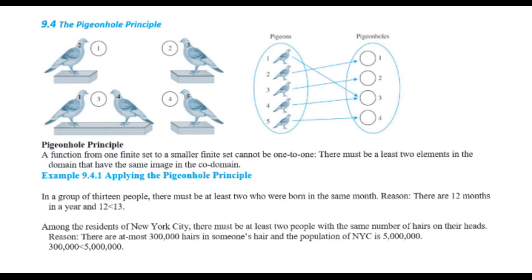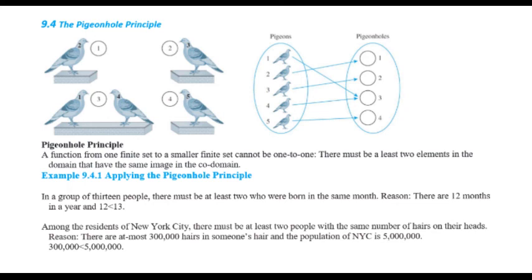In this example, the 13 people are like 13 pigeons, and the 12 months of a year are like the 12 pigeonholes that we have. So we can for sure say there are at least 2 people, 2 pigeons, who are born in the same month, who go to the same pigeonhole.